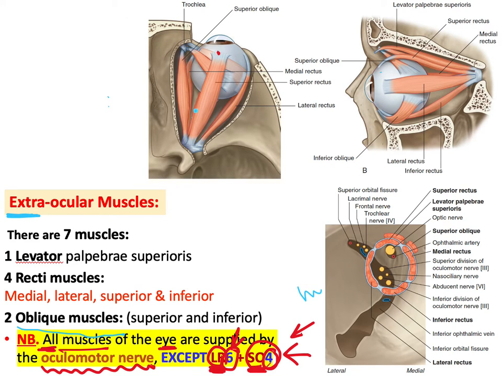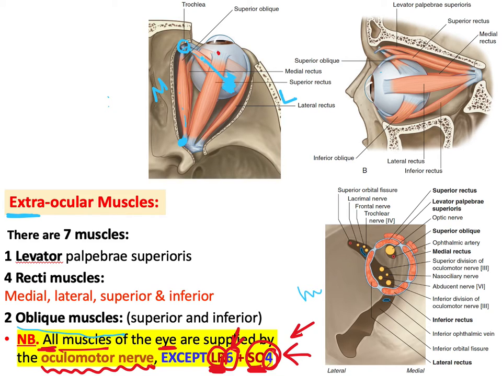Yes, we said that the superior oblique originates from the body of the sphenoid and moves medially. This is medially, right? And this is laterally. It moves medially until it reaches the trochlea in the medial wall of the orbit. Then it changes its direction, and it is inserted in the posterior half of the sclera.